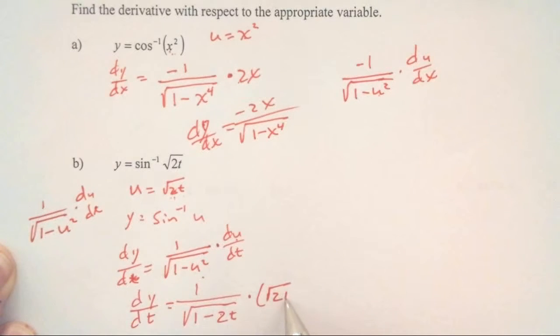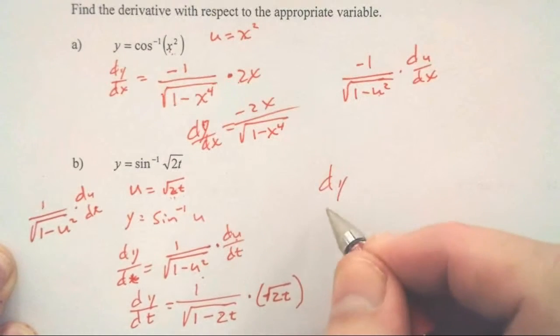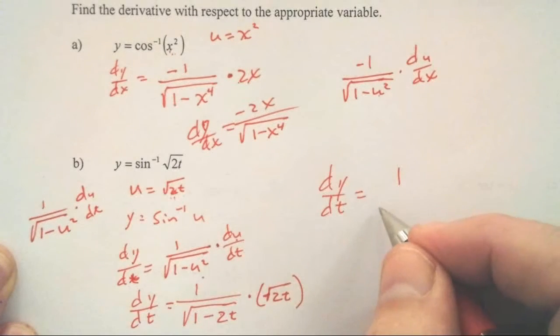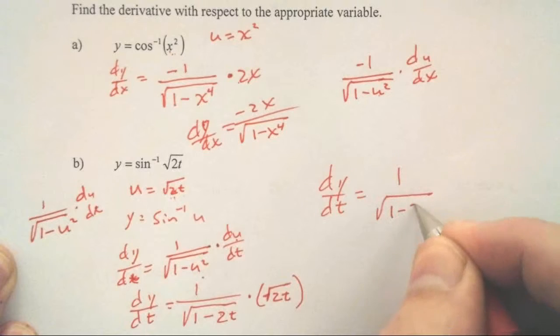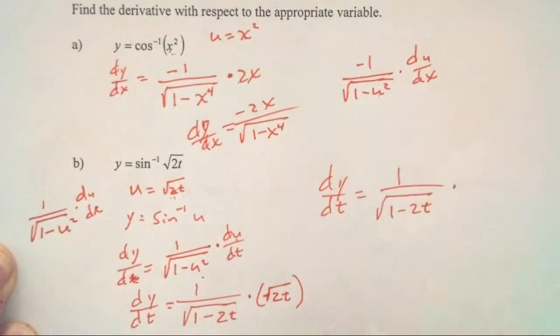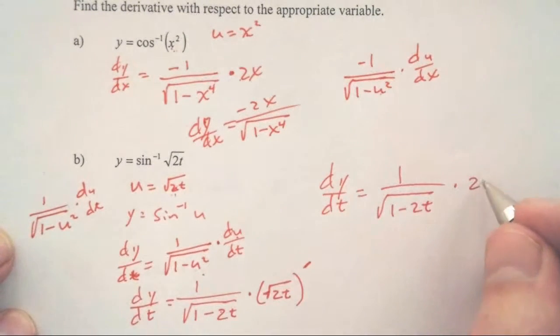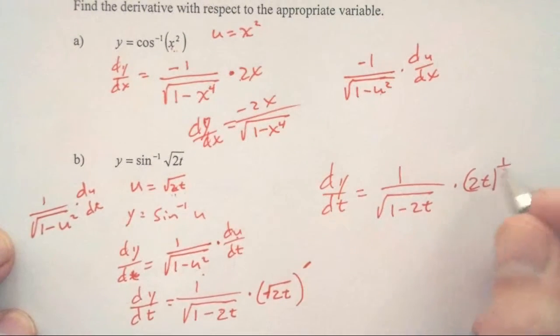Square root of 2t. That's my inside function. So let's clean that up just a little bit. dy dt, we might want to think of that as 1 on square root 1 minus 2t. And maybe we want to think of, should have put the derivative symbol here, square root of 2t. We might want to think of that as 2t to the 1/2. We still have to find the derivative.